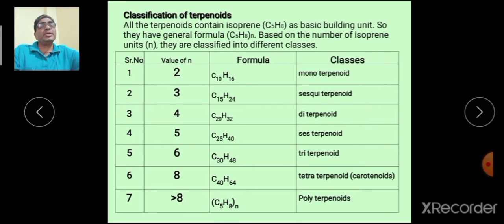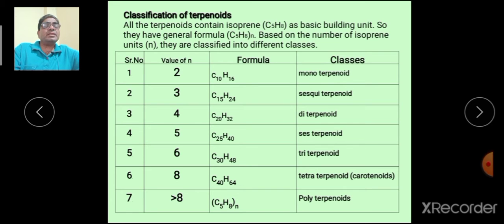Now, classification of terpenoids. We have seen all terpenoids contain the isoprene unit, that is C5H8, as a basic building unit. So they have the general formula (C5H8)n, and based on the number of isoprene units present in them, they are classified.